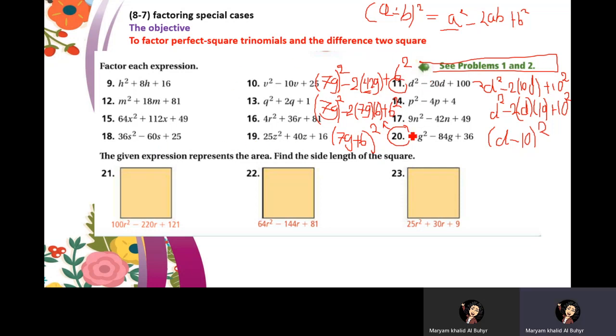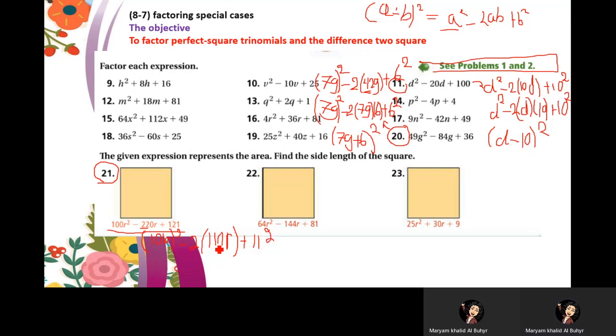Now, we finished these 2 exercises. Let me do one more related exercise, for exercise 2. I'm going to do this one with you, which is exactly the same idea. 100r squared, I can rewrite it into 10r, all this to the power 2. Then take this one, factor it, minus 2 times 110r, plus 11 to the power 2.